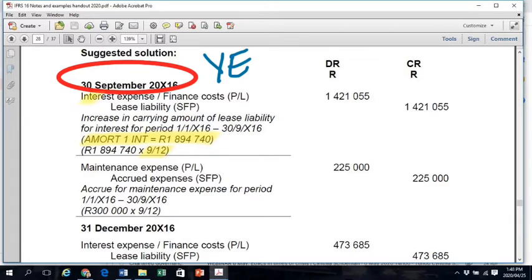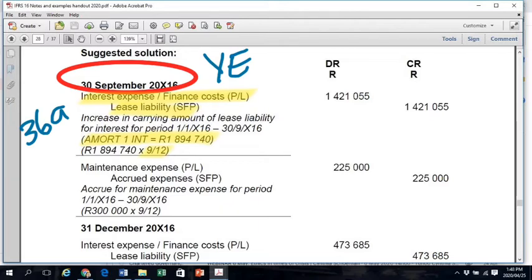Your debit is interest expense through profit and loss. And please note the credit leg of this entry goes to the lease liability, and that is because of paragraph 36A. We do not create a separate interest expense accrual account.